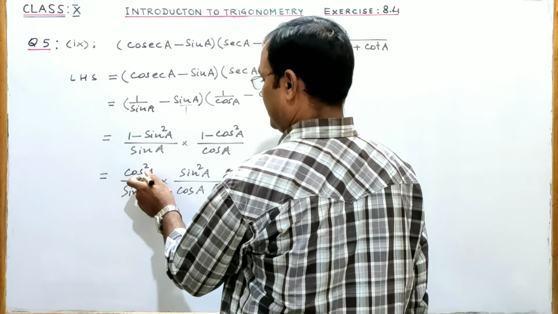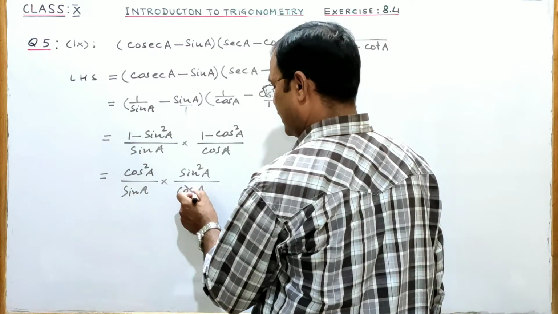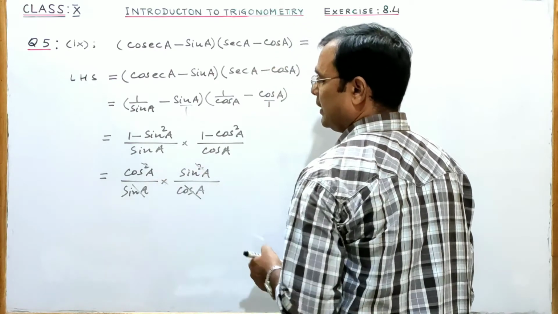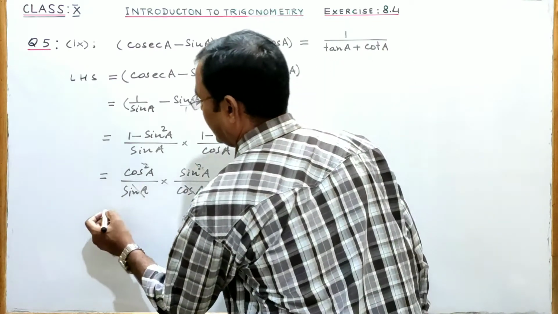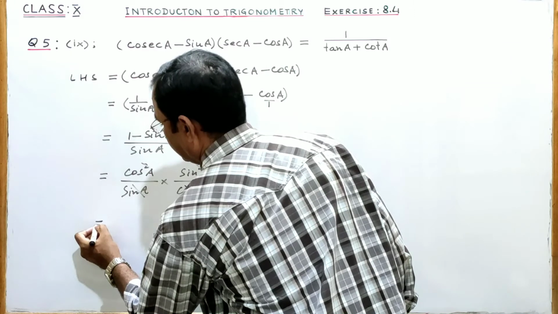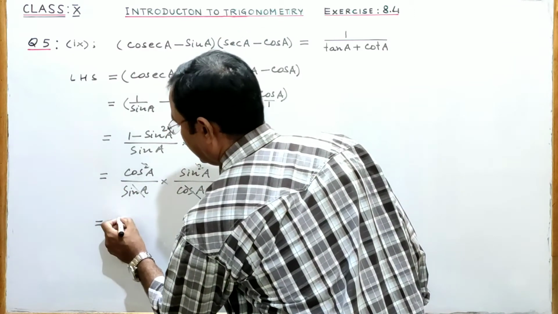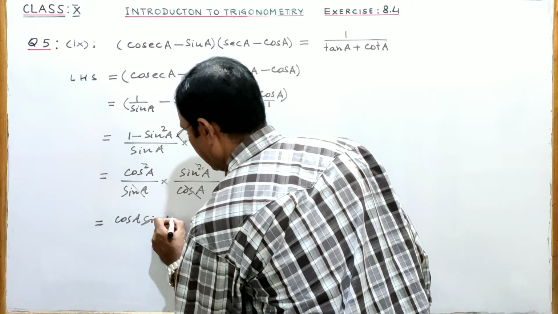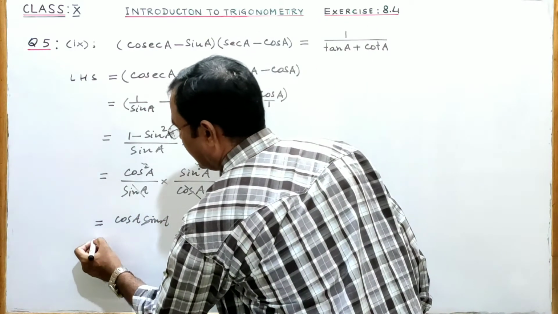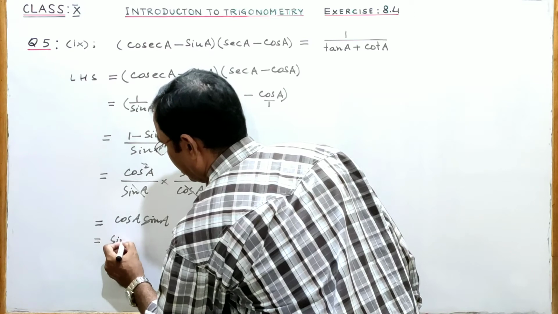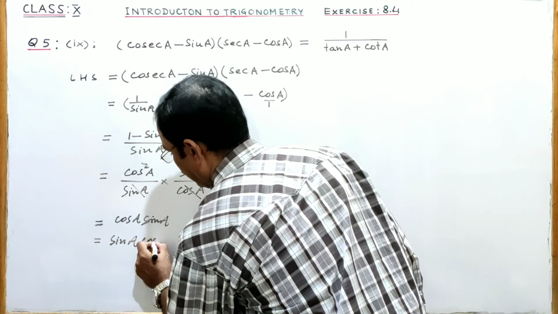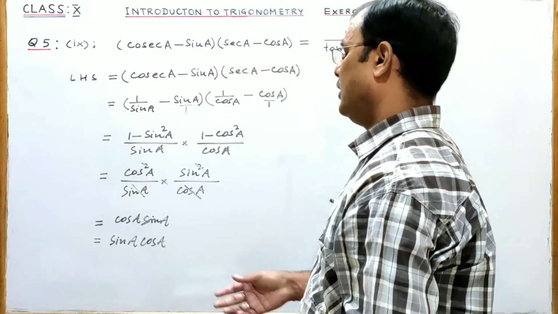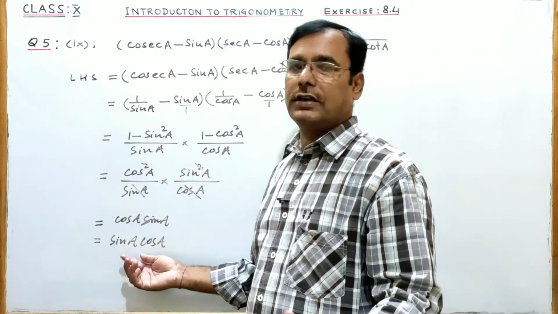Cos square a will be cancelled by this cos a, so one power will get cancelled, and similarly sin a will cancel this one sin a, and cos a into sin a is left. Cos a into sin a, or we can write sin a into cos a. So left hand side we have simplified and got sin a into cos a.